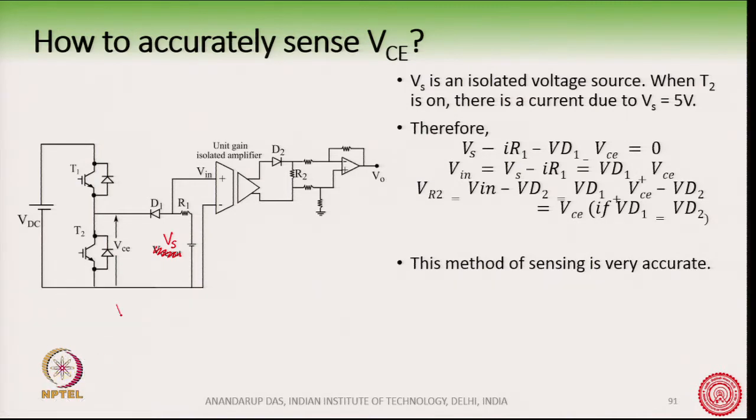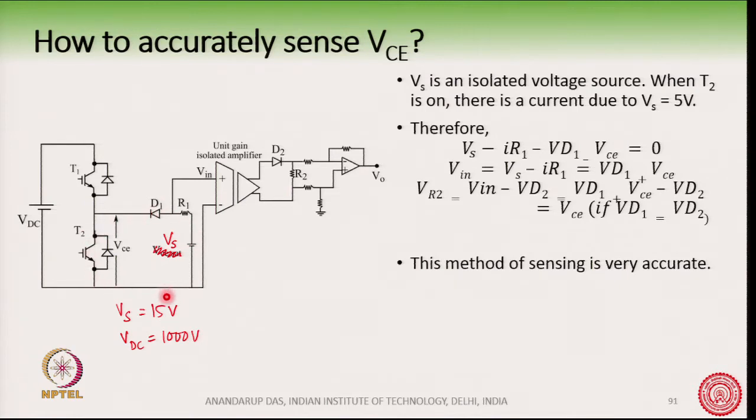Say Vs may be around 15 volts and VDC may be 1000 volts. So, when the device is off, this diode will be blocking, so there will be no path here. Now, when T2 has been turned on, Vs will cause a current to flow here.